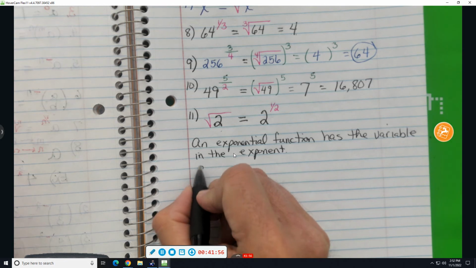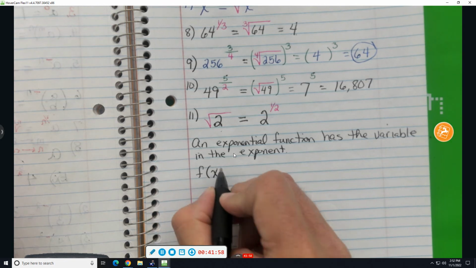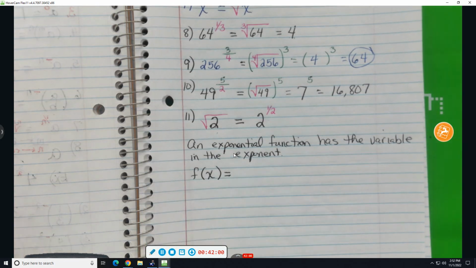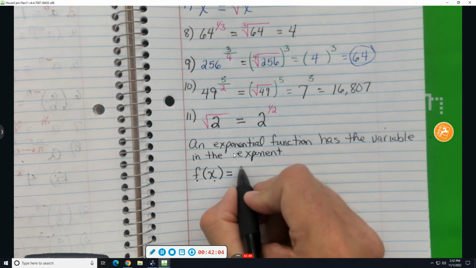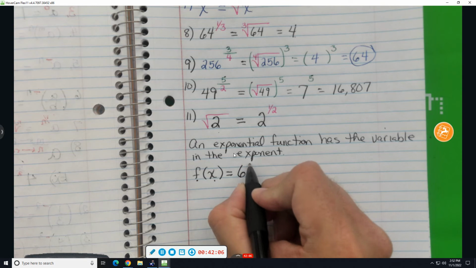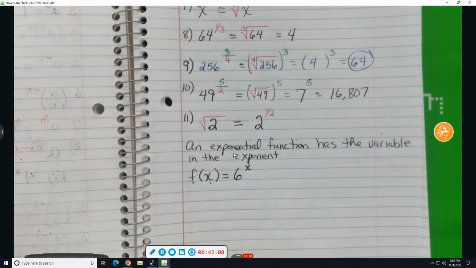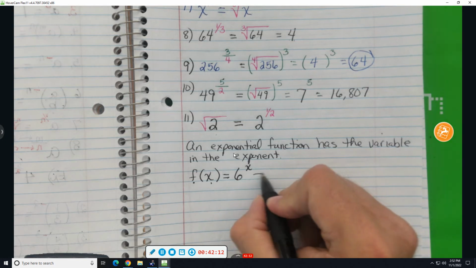An example of an exponential function would be something like this: f of x equals 6 raised to the x power. That's an exponential function.